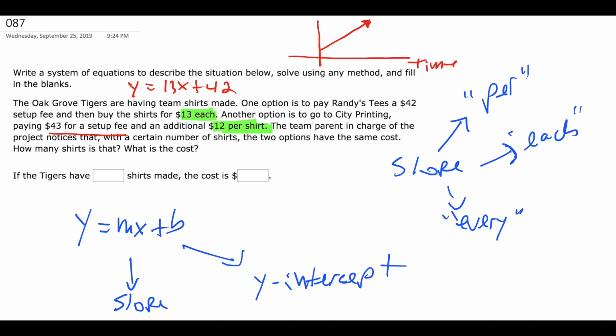So before they even buy a t-shirt, they could buy 0 t-shirts and they still have to pay the $43. So you have y equals 12x plus 43. All right, let me erase all this.